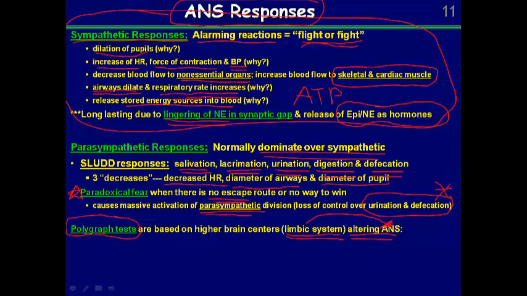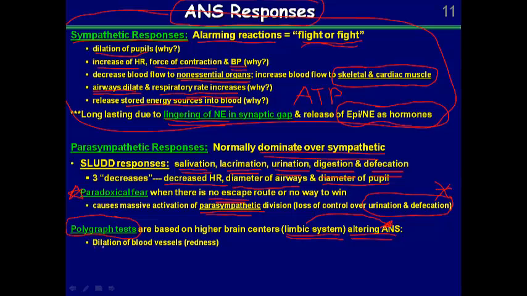There's always a few people that don't have this link. They're emotionless over stressful situations, and that's why polygraph tests are not admissible in court, because there are people that lack the emotion when they're under these stressful questions, and they don't get the same responses.